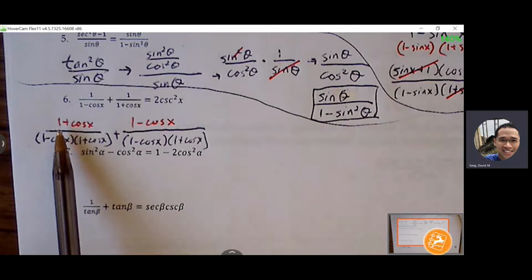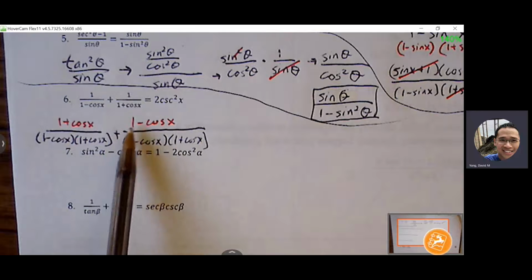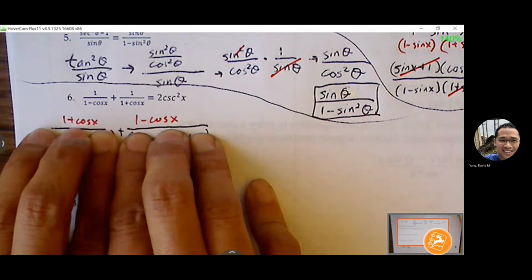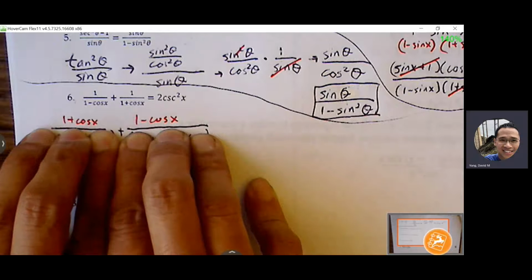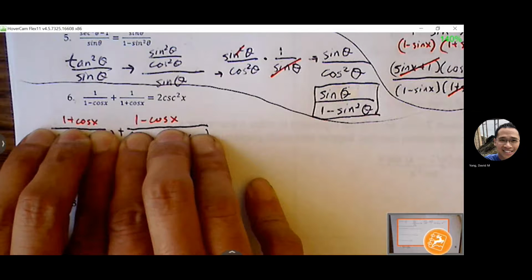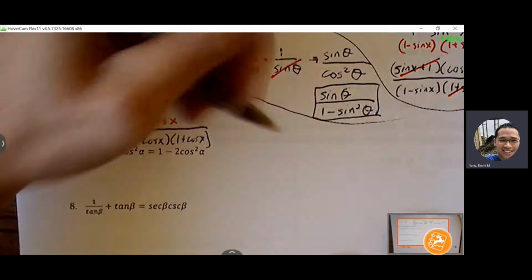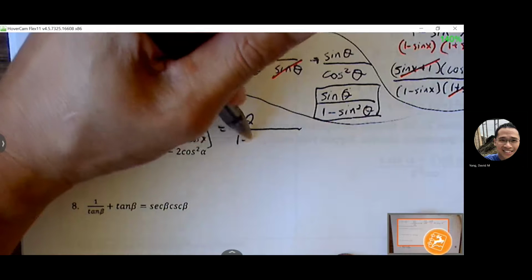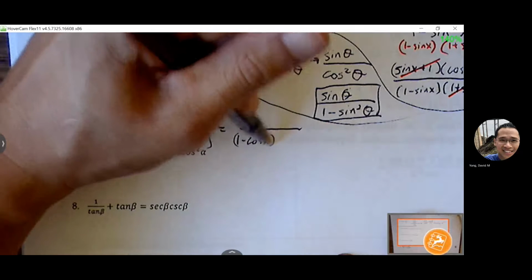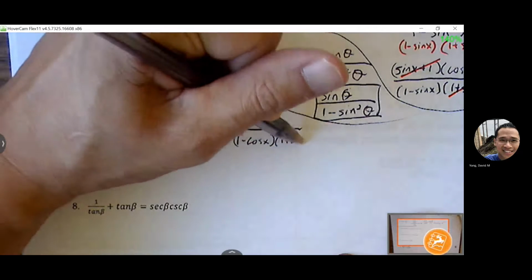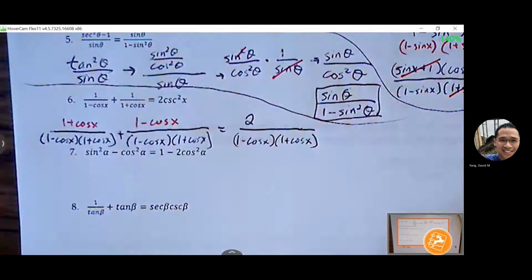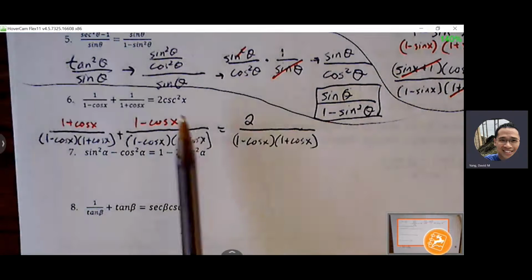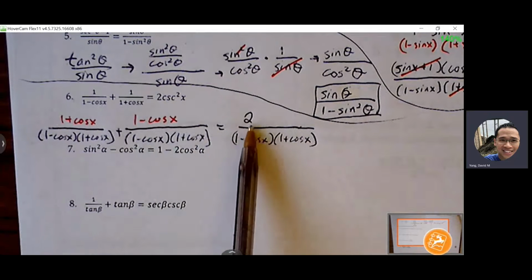So let's see here. What's 1 plus cosine plus 1 minus cosine? Just 2, right? I'm going to skip a step here and just say it's 2 over. It doesn't look like we're near the end, but the 2 is a good sign.